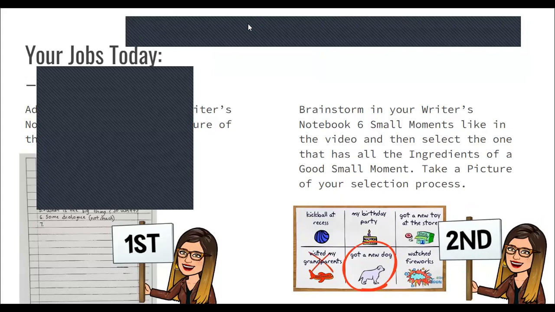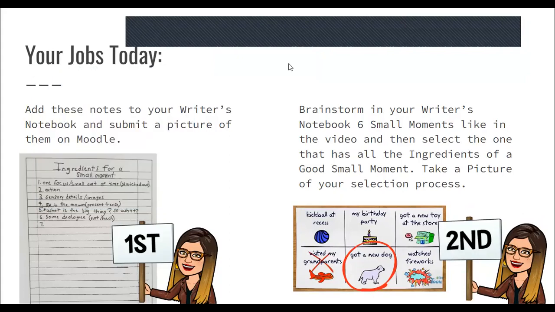Miss, I am confused. Santiago, what are you confused about? Miss, you say we don't have to copy that page, and you say we have to copy the one that you show us first.